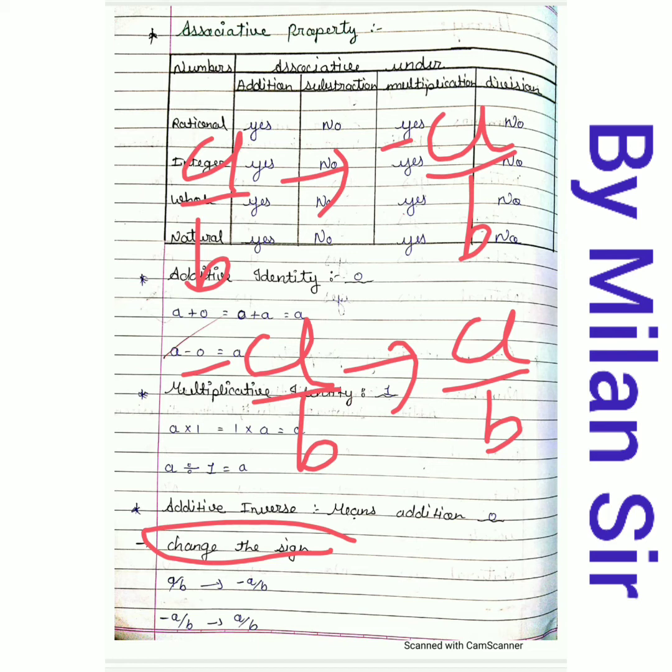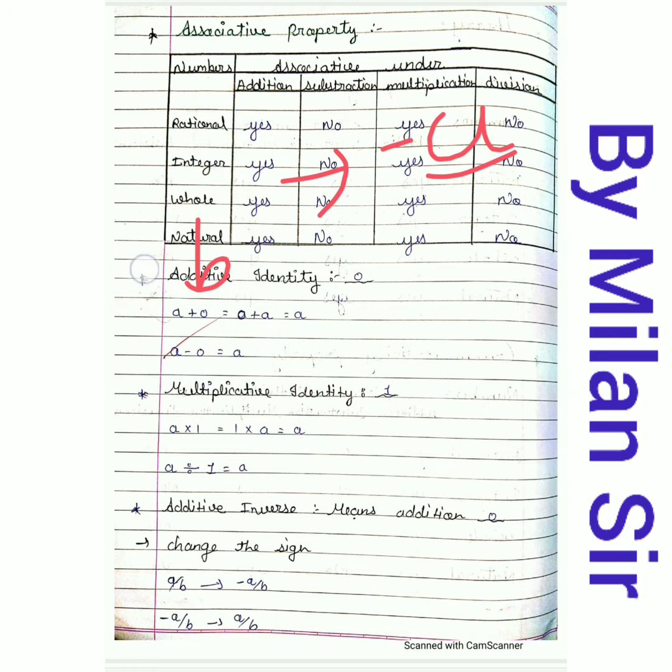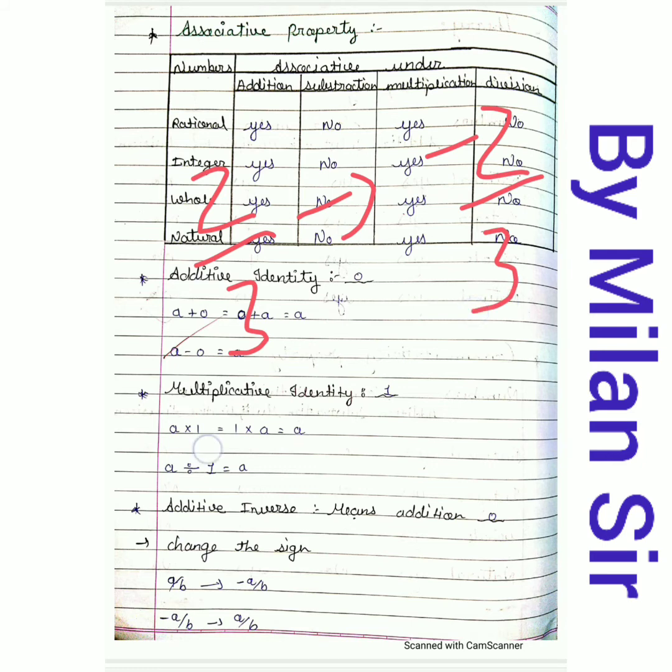If plus a by b is there, we write minus a by b. If minus a by b is there, we write plus a by b. That means if 2 by 3 is there, our additive inverse is minus 2 by 3. If minus 5 by 7 is there, our additive inverse is plus 5 by 7. Okay, this is additive inverse.